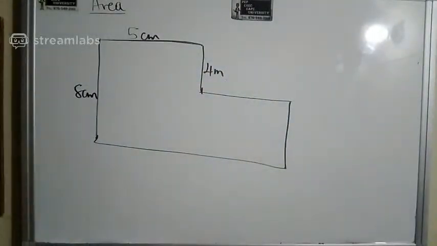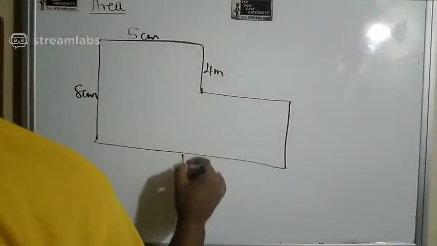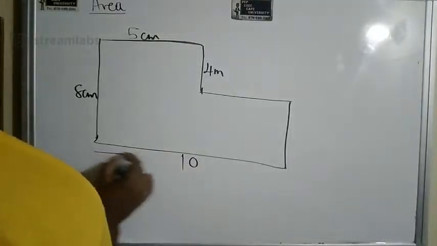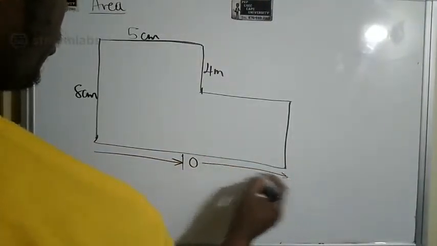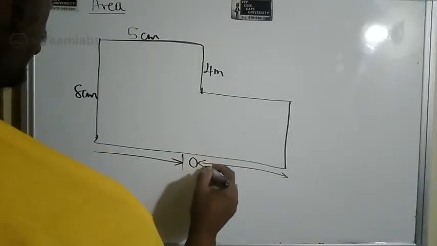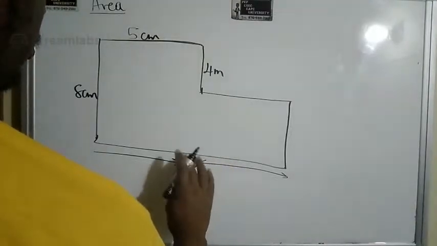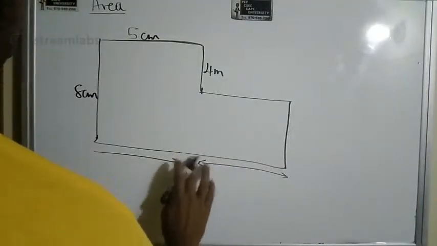Let's see what they say now. They gave us all of this. Just draw an arrow from right here to right here. Let's use a different color.